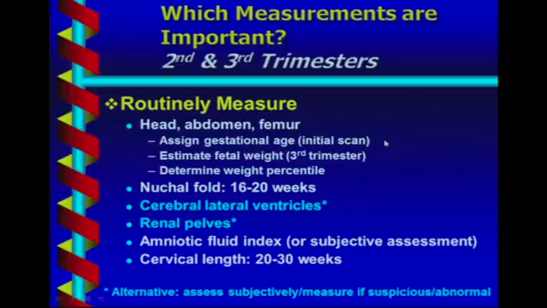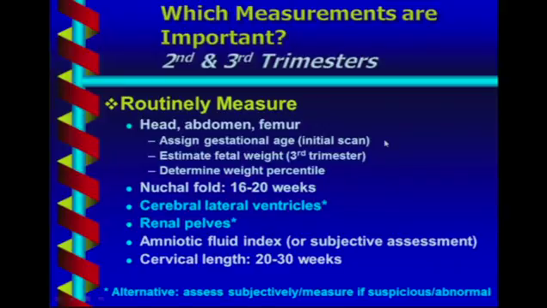We assign gestational age at the time of the initial scan, estimate the fetal weight in the third trimester, and determine the weight percentile. We measure the nuchal fold at 16 to 20 weeks, the cerebral lateral ventricles and renal pelvis. We either measure or assess subjectively and measure if it looks suspicious or abnormal. Amniotic fluid index or subjective assessment should always be done.